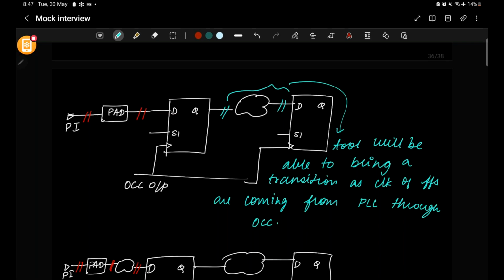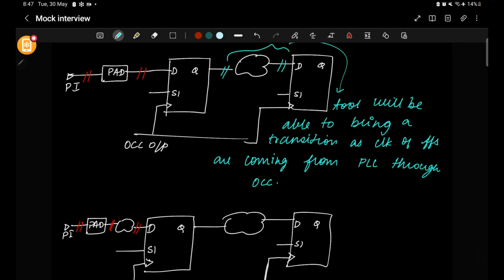Only in the paths where it is directly connected to a primary input, or goes from a primary input through some combo logic to the D input of the flop, the tool will not be able to bring a transition. So this is one reason why we can achieve only 80 to 85% coverage in TDF.